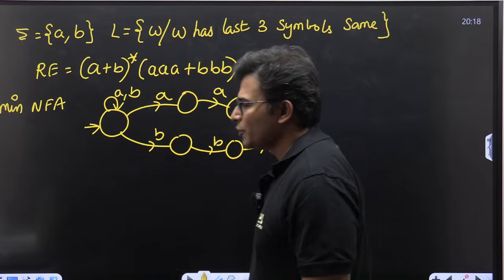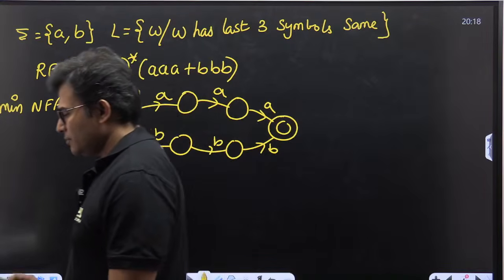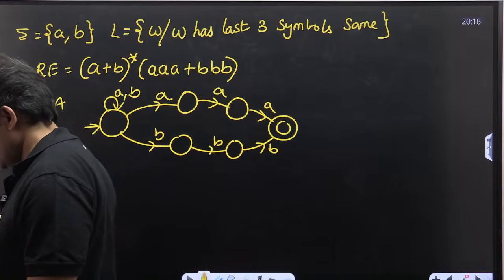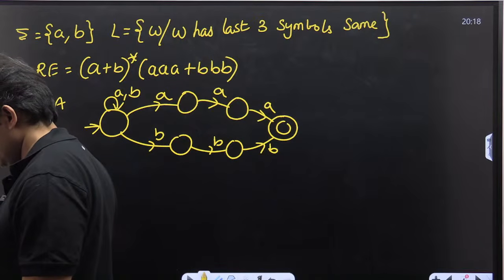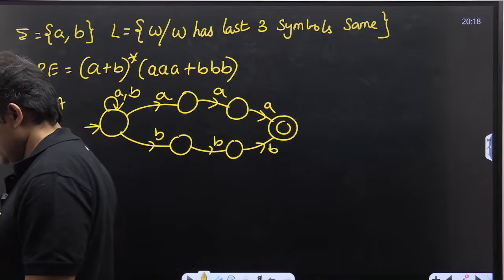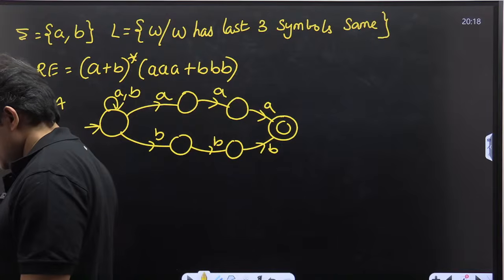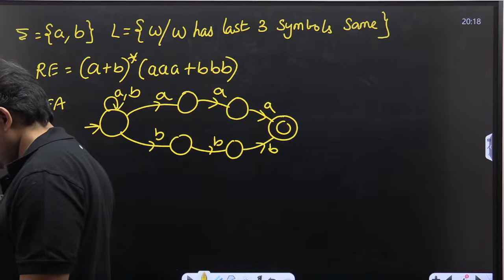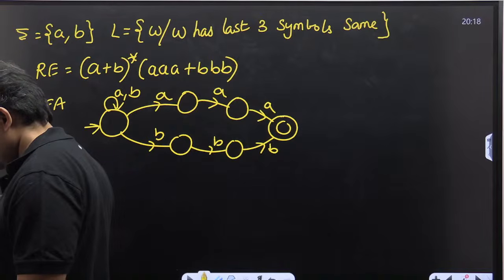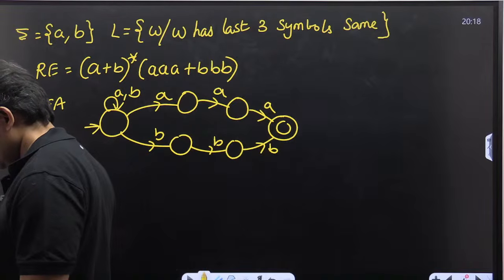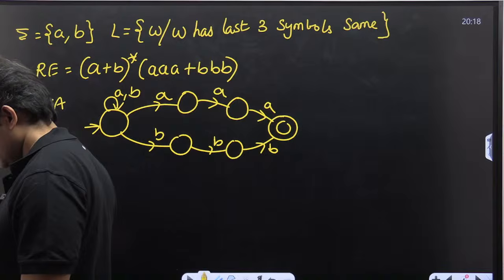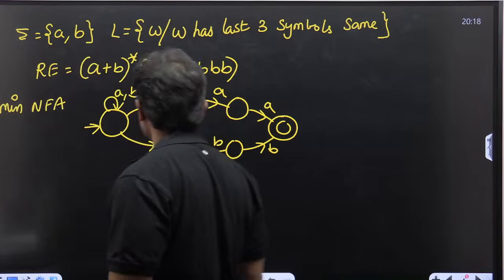AAA can be accepted, or BBB can be accepted, right?